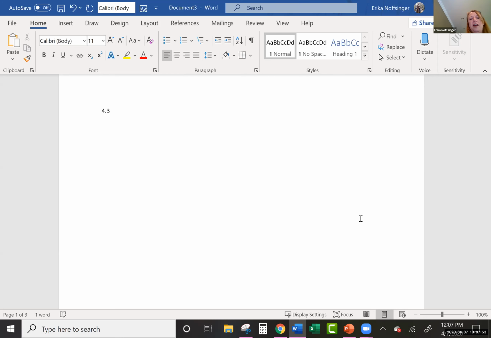And we're trying to find where a function f of x is increasing and decreasing.